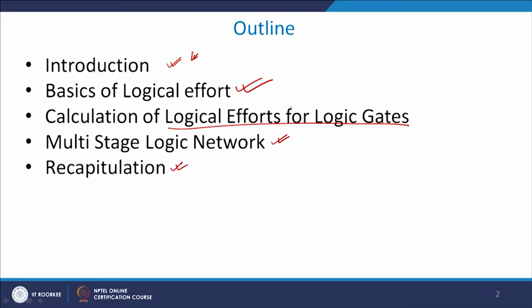Before we move forward, let me give you an idea about the concept, or let me give you an idea about how you design it.